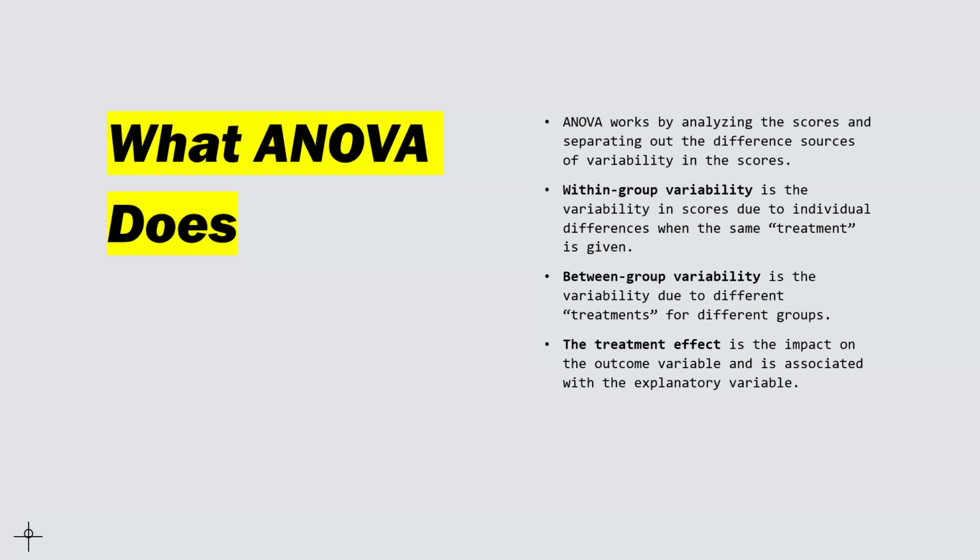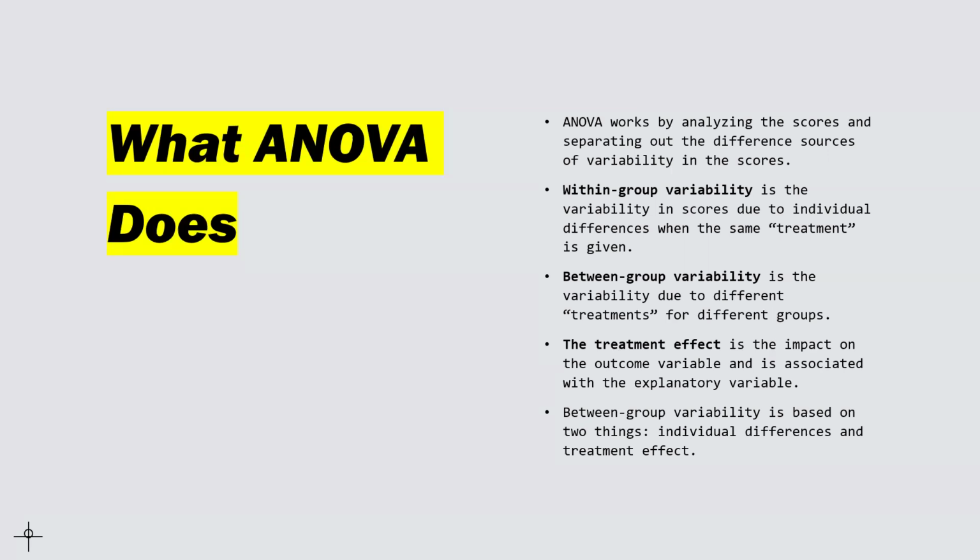And the treatment effect is looking at the impact on our outcome variable based on the explanatory variable. Now, between group variability, I mentioned, is actually based on two things: individual differences and treatment effect. Remember, within group variability is based on individual differences.